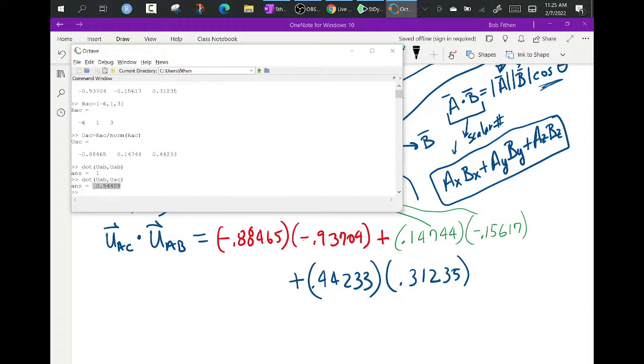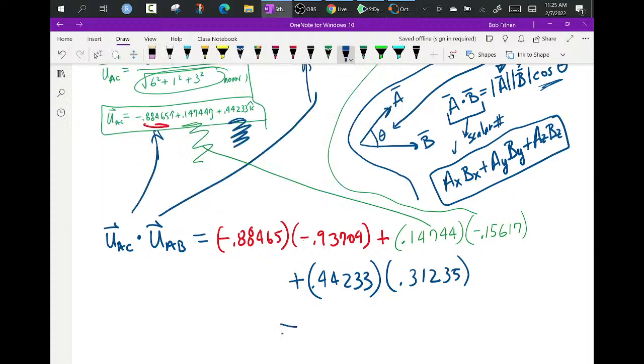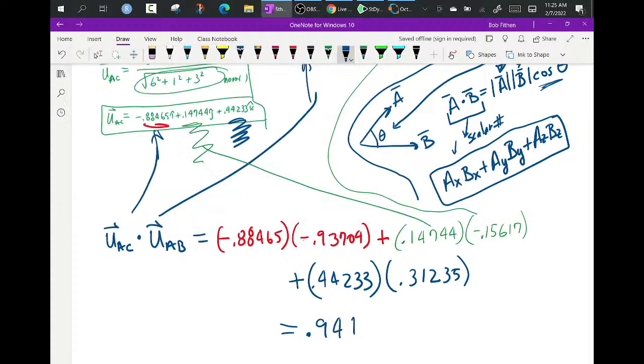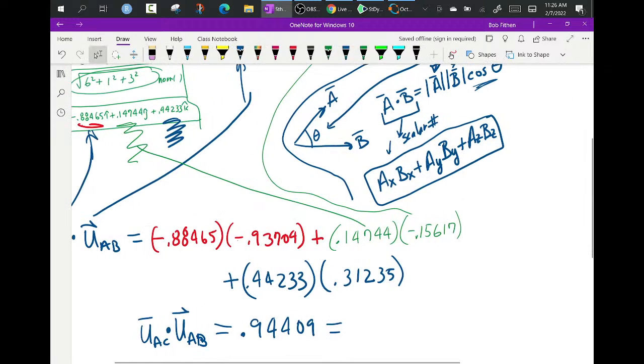However, I didn't get that when I did AB dotted with AC. So I get 0.94409. Now, it turns out if I look at the right side of this equation, I get this.